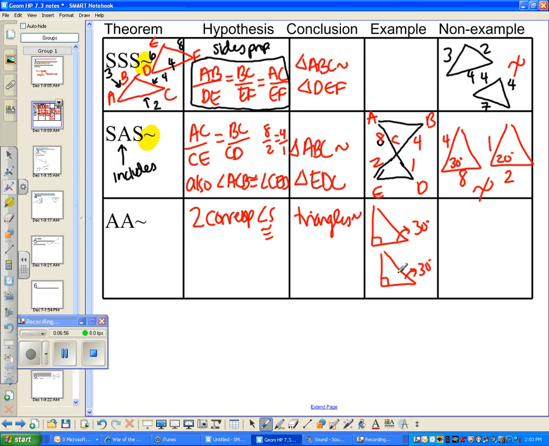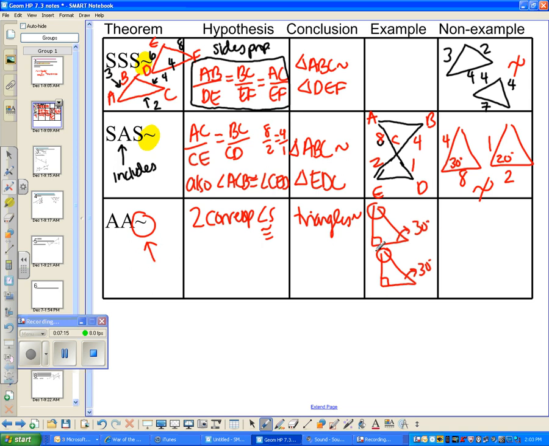Well, remember by the third angle theorem, these angles have got to be congruent to each other, and these sides will always be proportional, always. They could even be congruent for all you know. So they don't prove that they're congruent, but they do definitely prove that they have to be similar.